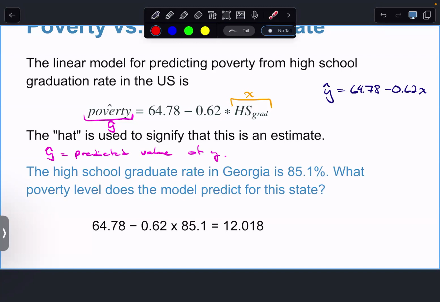Y hat can be confusing because we've also seen p hats, but the context will tell you that a p hat is a sample proportion and y hat is a predicted value of y in a regression setting. If you're doing hypothesis testing or confidence intervals about a proportion, then it's p hat.